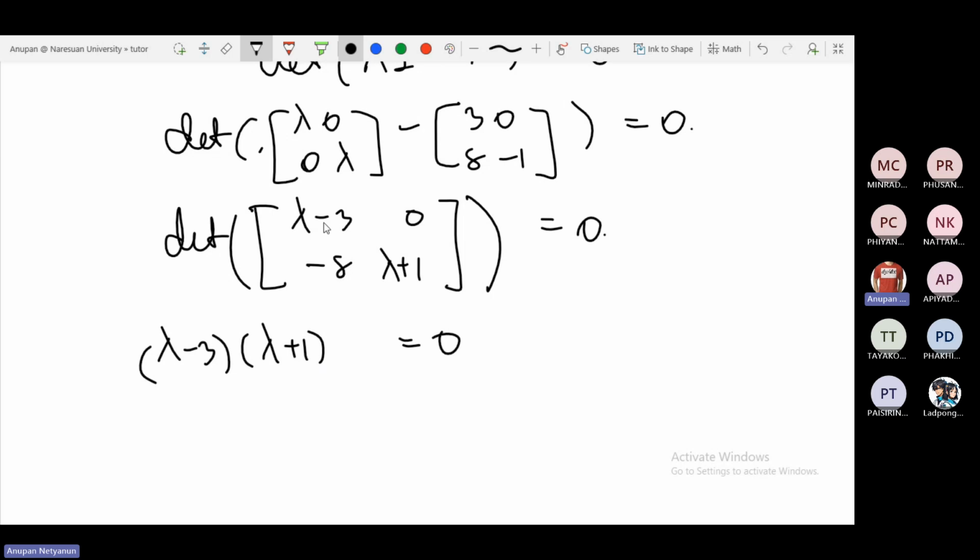And this time this is 0, so minus 0, you don't need to write. So you have lambda minus 3 times lambda plus 1 equal to 0.